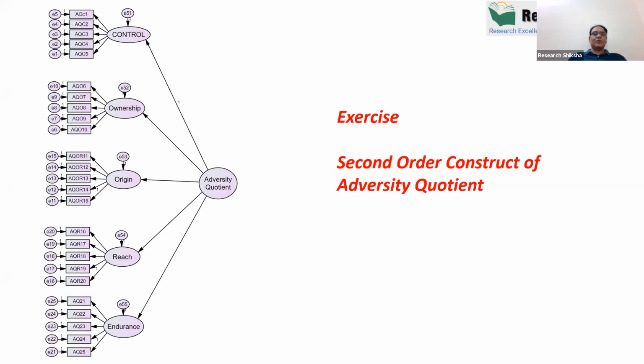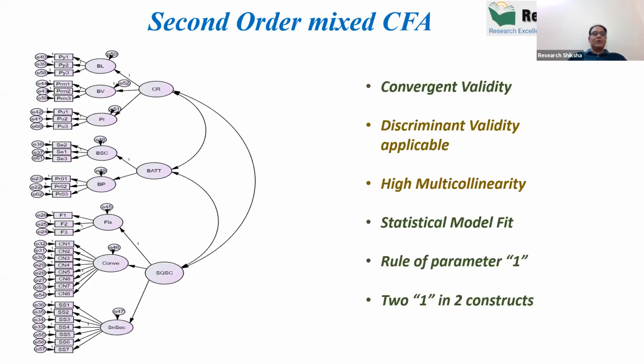Adversity quotient consists of 5 zero order constructs. So this is also one of the examples of a second order construct. Now, in this case, I am having a combination of second order constructs. Like CR is a second order construct consisting of three zero order constructs, BL, BV, and PI. Similarly, BADD is a second order construct consisting of BSC and BP. And SQ is again a second order construct.